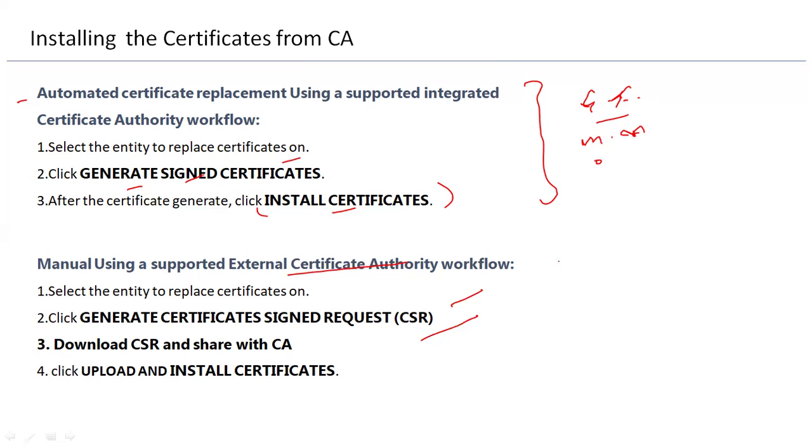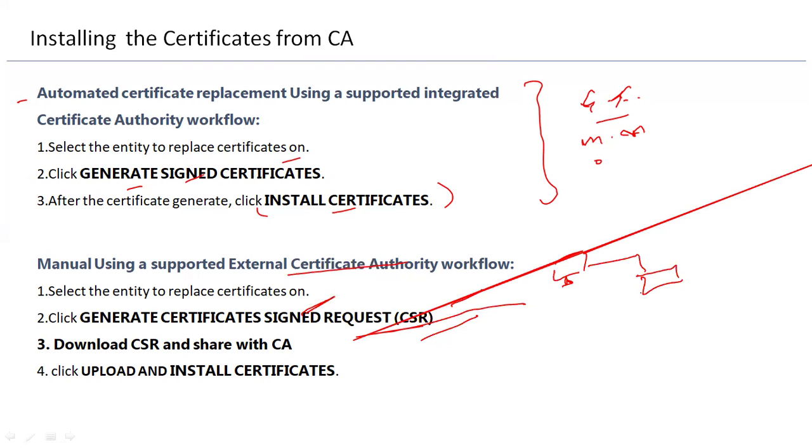Okay, so in case you are using the external CA from the VCF, you have to first generate the CSR request, download it locally, share that CSR request to the external CA. The external CA will create a certificate for you. You have to bring it back locally in your system. Then you have to upload and install that certificate through the external CA.